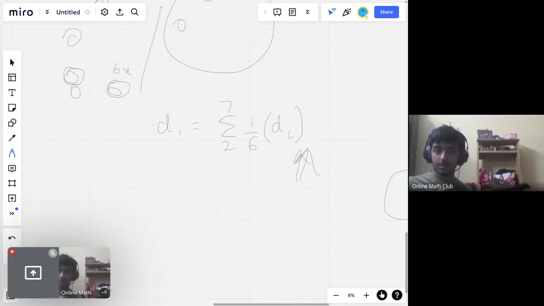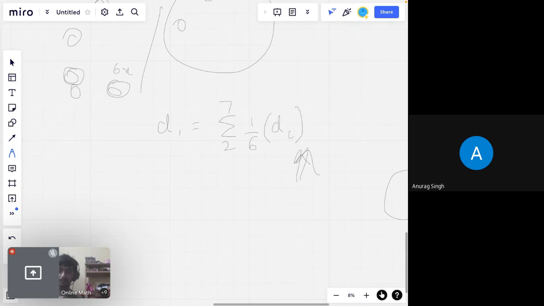Why is that true? After some 7 moves, we start with A1, and A1 gets completely distributed. So he gets A2 by 6, A3 by 6, up to A7 by 6. After A7 has distributed, he has Q minus A1 by 6 amount of milk, where A1 is the initial amount of milk he has.